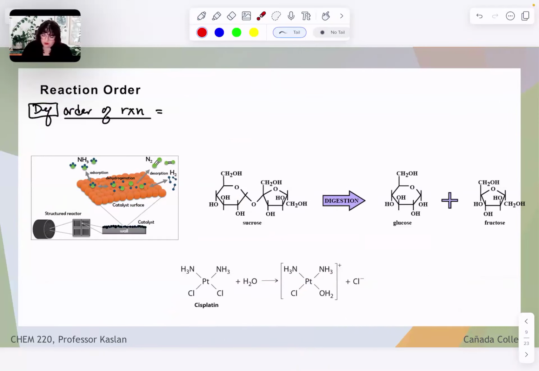So the order of the reaction, these are the exponents in our rate law.